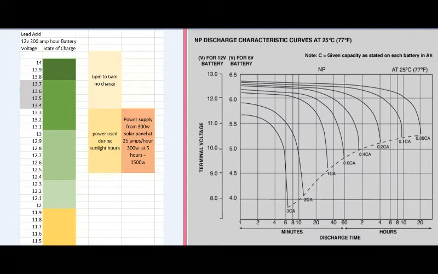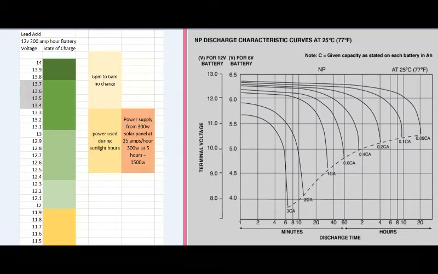Whereas if you got enough capacity where the battery, when you wake up in the morning, is at 13.5, 13.4, you're not going to cycle the battery near as much, because when the solar panels come on and start producing power, it's going to be replenishing the power that you used.